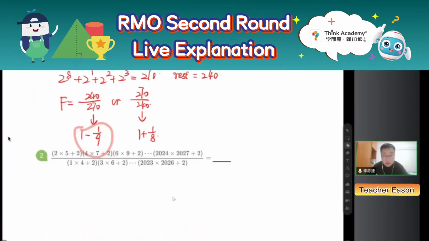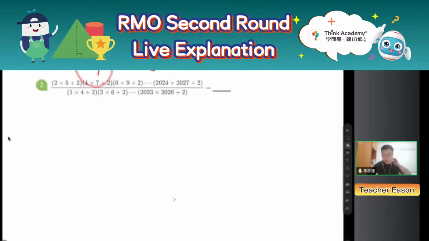And question 2. Question 2 is something about the general term. You will see that each term here is n times n plus 3, then plus 2. This is n squared plus 3n plus 2, which factorizes into n plus 1 times n plus 2.